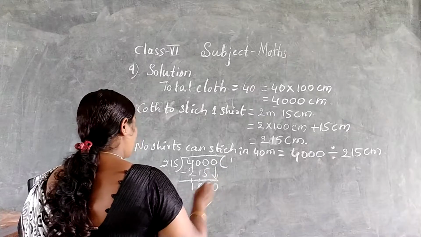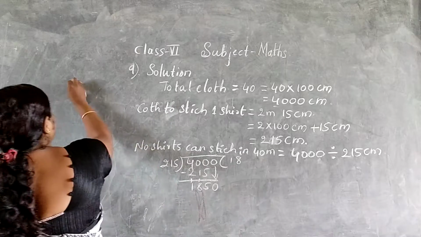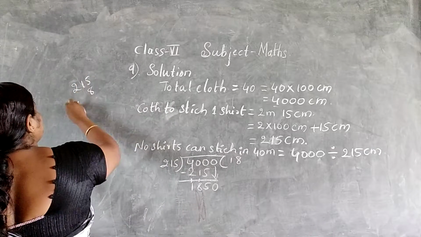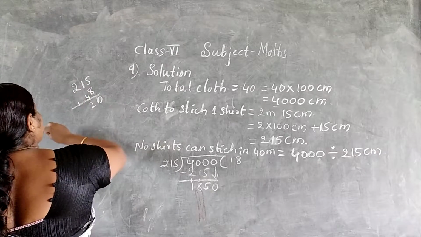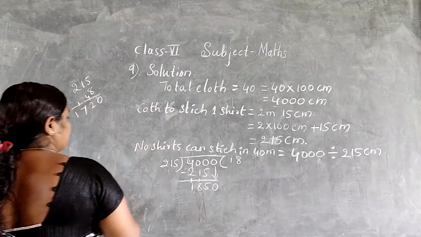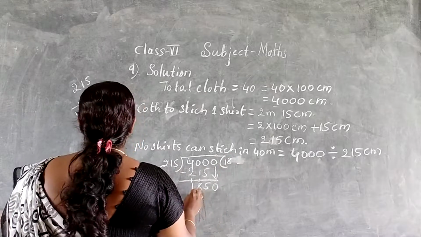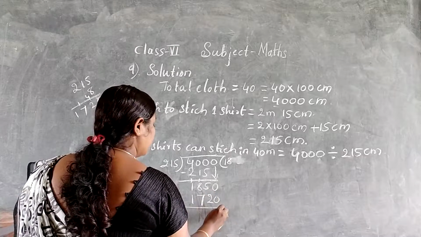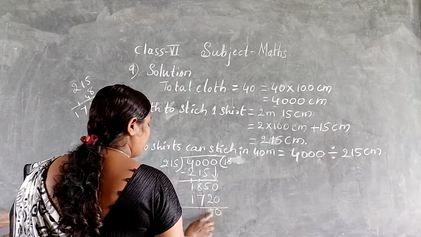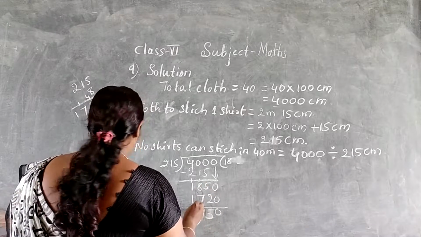Then 0 comes down. 215 8s are 8 2s are 16 and 17, so 1720. 0. 5 minus 2, 3. 8 minus 7, 1 and 0.